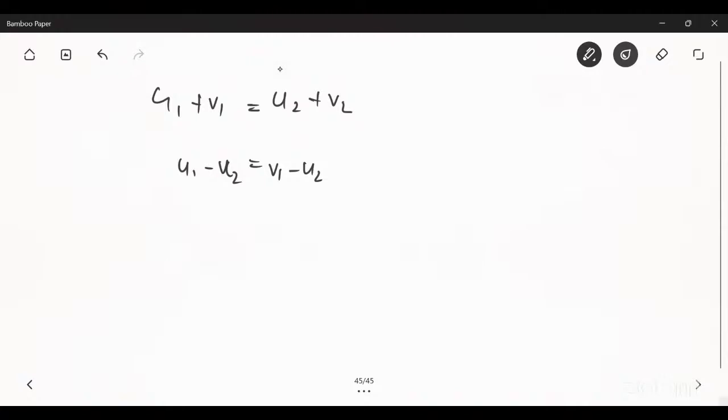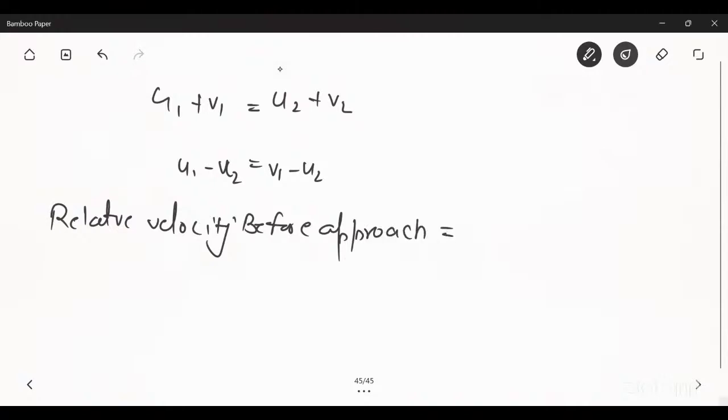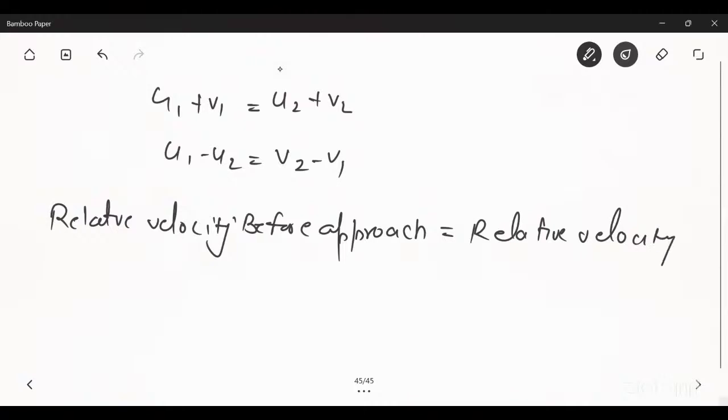What is u1 minus u2? It is the relative velocity of approach, the relative velocity before collision. Just a minute, I have written the equation wrong, sorry for that. u1 minus u2 equals v2 minus v1, which is the relative velocity of separation after collision.